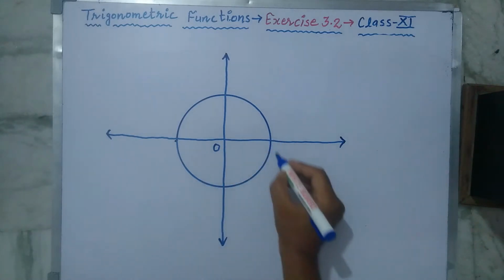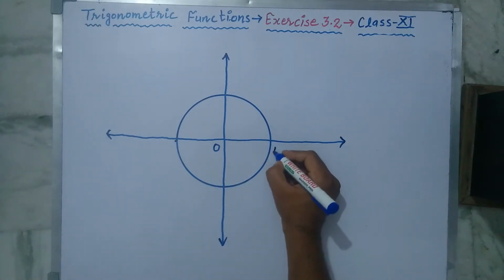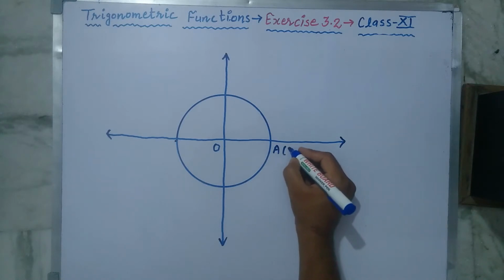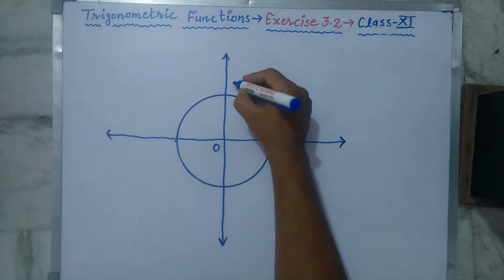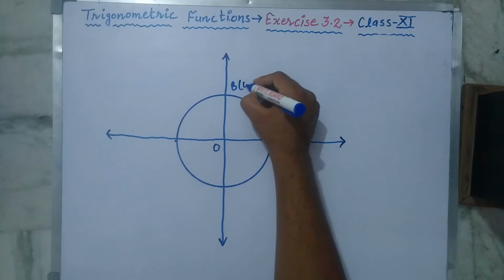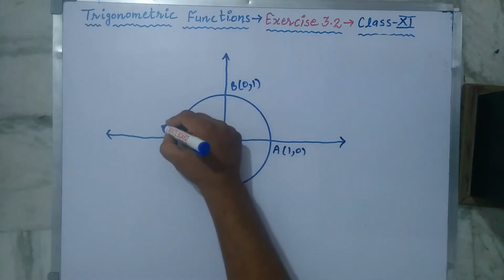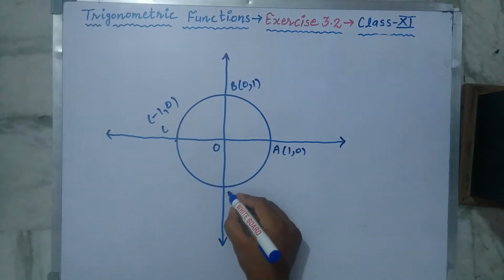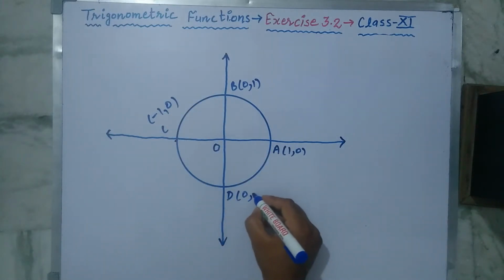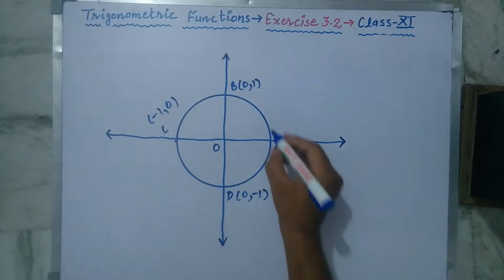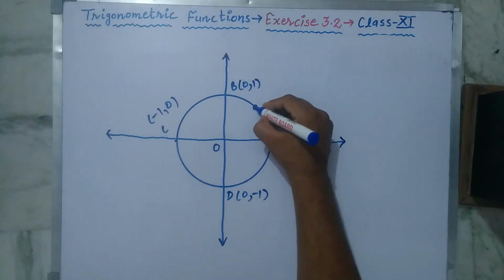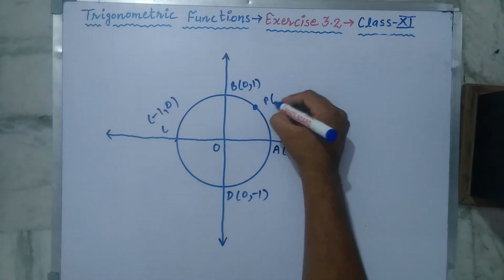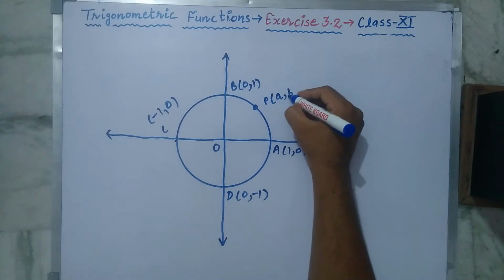So because the circle is a unit circle, here the coordinates of A are 1 comma 0, B 0 comma 1, C minus 1 comma 0, D 0 comma minus 1.